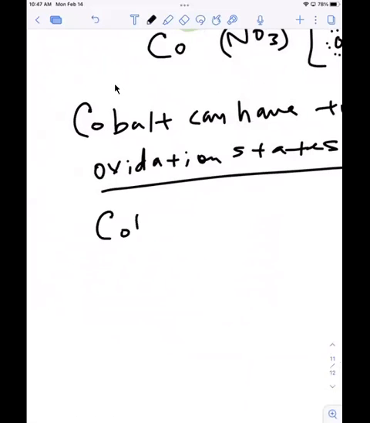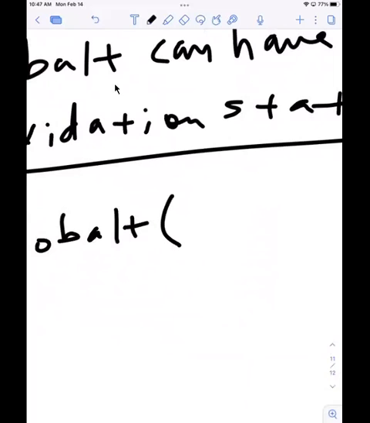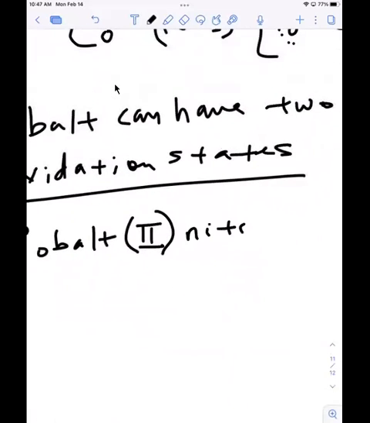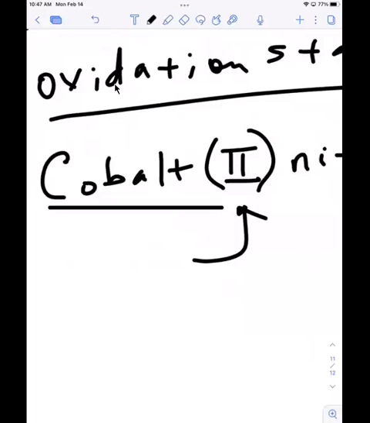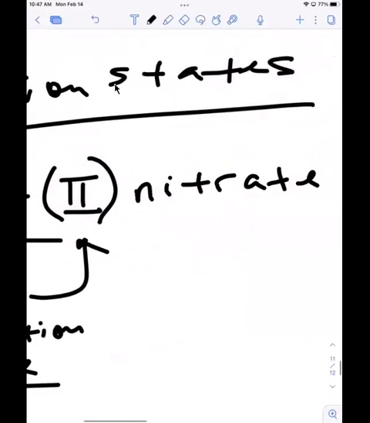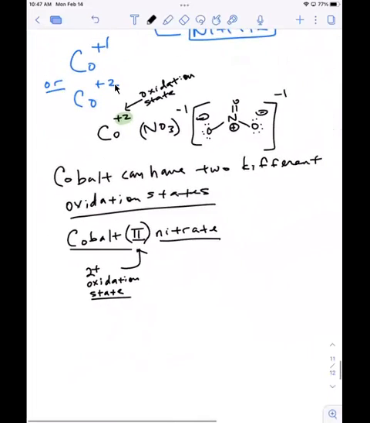So this is cobalt, and then we put parentheses with a Roman numeral 2: cobalt(II) nitrate. The cobalt is the metal, and the Roman numeral 2 says that it's in the 2+ oxidation state. And the nitrate, we knew the name of that from the list of polyatomics. So we have to write it with that convention.